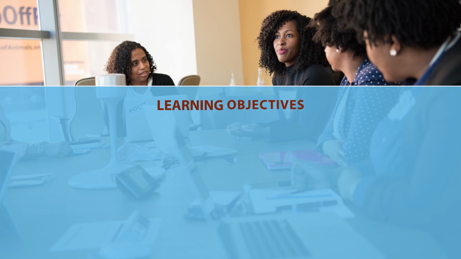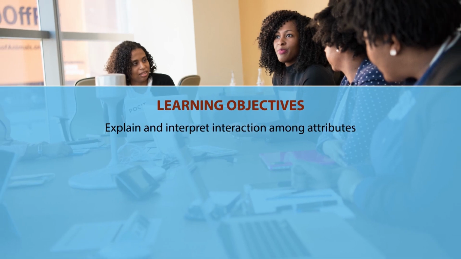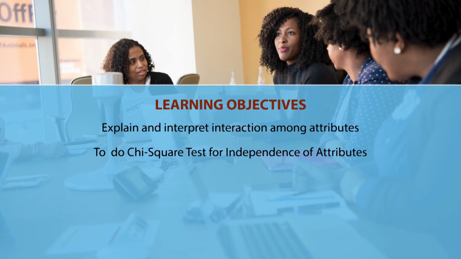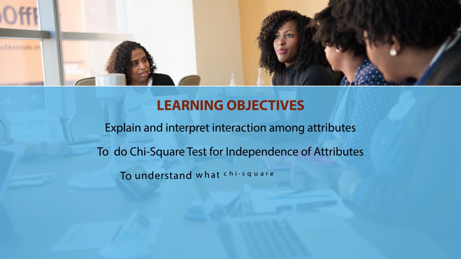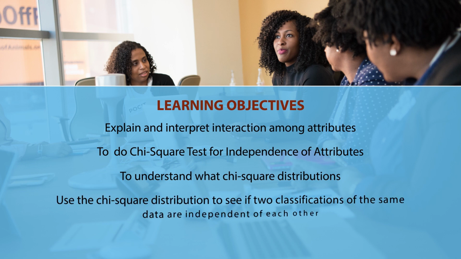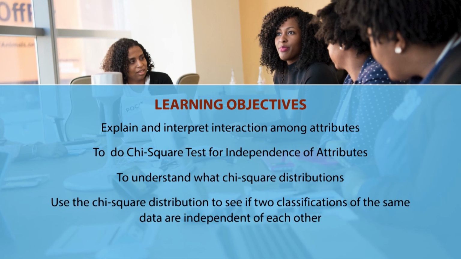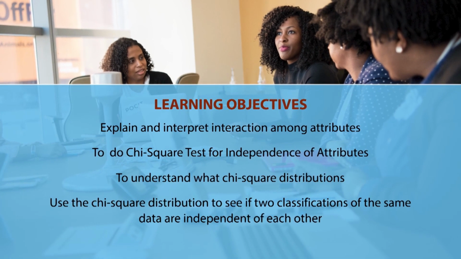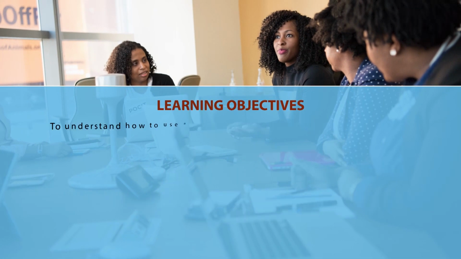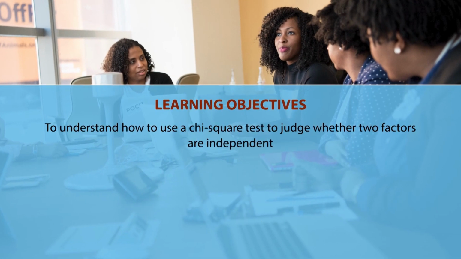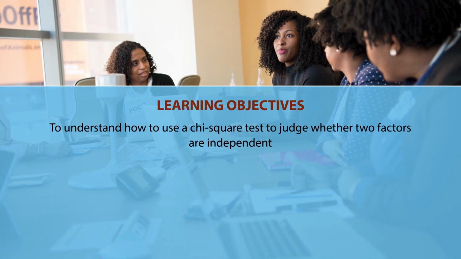Let's narrow ourselves down to the learning objectives. We are going to explain and interpret interaction among attributes, do the chi-square test for independence of attributes, and understand what chi-square distributions are. We will use the chi-square distribution to see if two classifications of the same data are independent of each other, and use the chi-square test to judge whether two factors are independent.